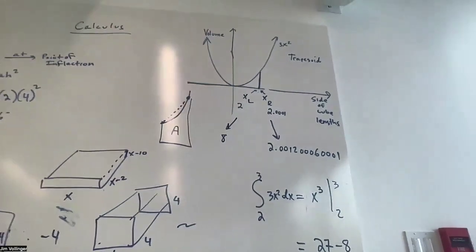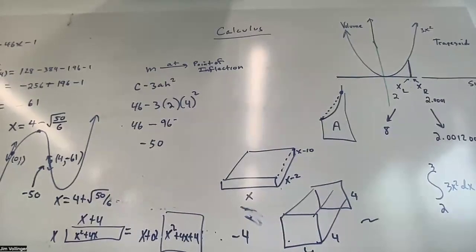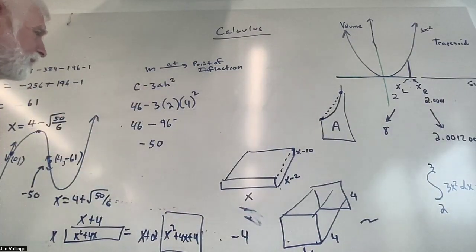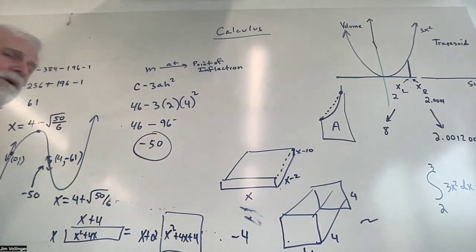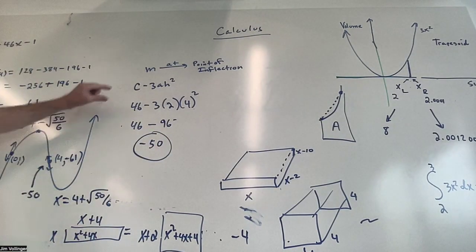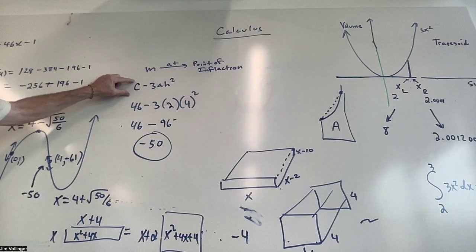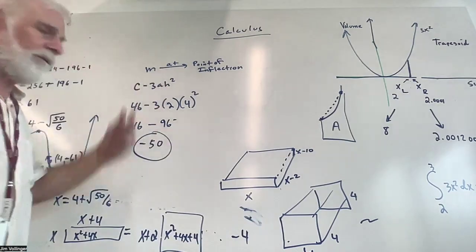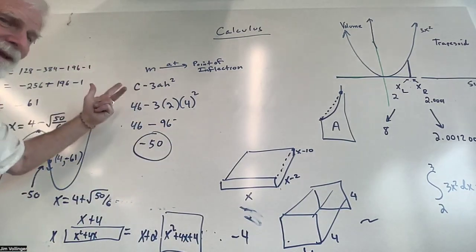Okay, so back to putting it in graphing form. So c minus 3ah squared is going to get me the rate of change at the point of inflection. And this is what I needed to get rid of those loose terms after I completed the cube. These were because I need to get cx, right?